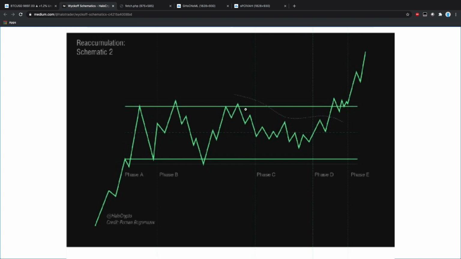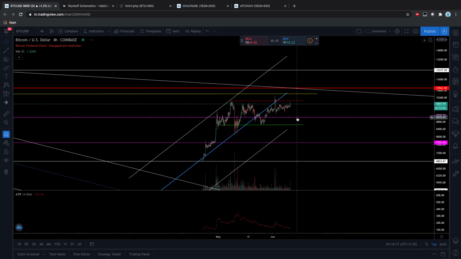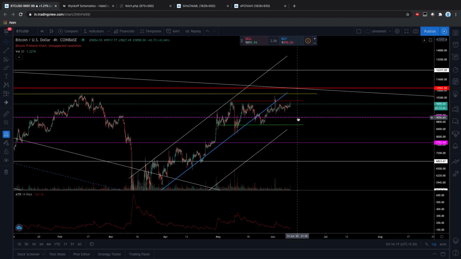So they have been accumulating from here to here, and now they will finally front run them and continue the trend out. This might be the case here also, but let's see. If it has to happen, it should front run and bounce from the 9090 level.